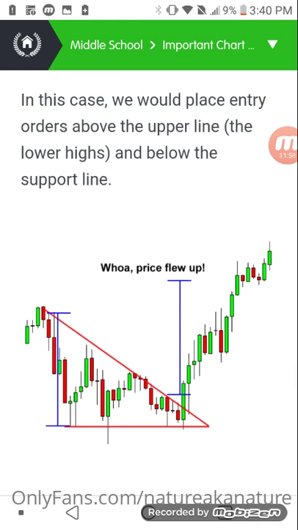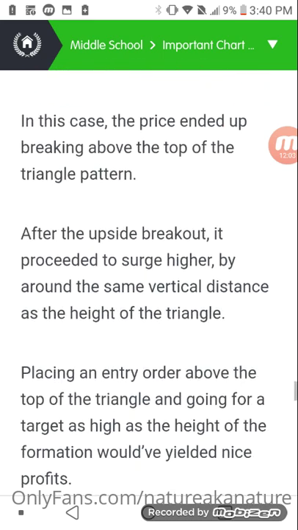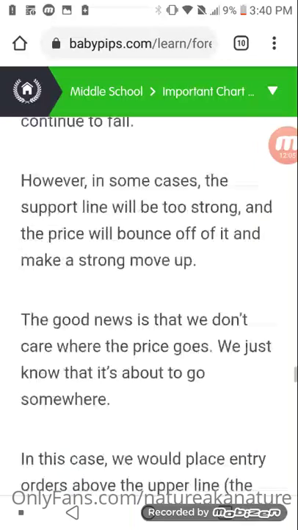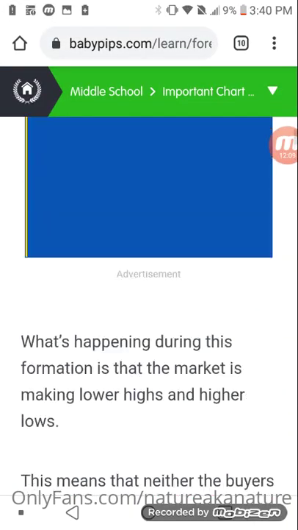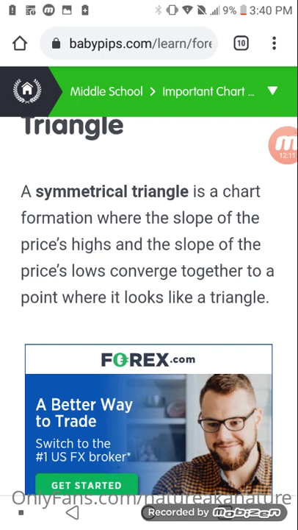You can see the triangle formation, but in the next video we're going to discuss it a little bit more, how to actually trade this pattern, and what to expect once this pattern forms on the market and forex.